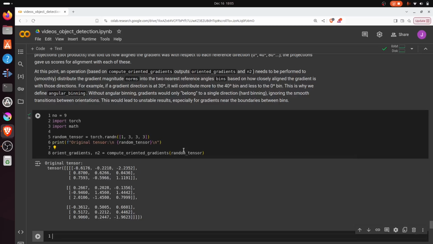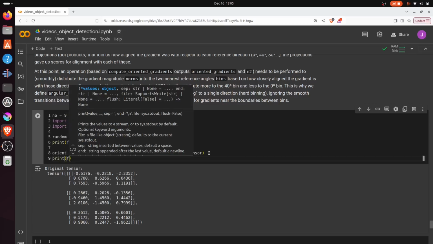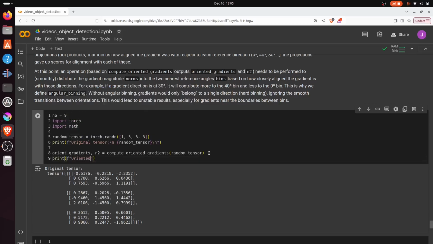Okay, so we get these for the tensor. And what are we getting? Well, of course, we didn't print it out, so we just observe the random tensor. So let's print oriented gradients.